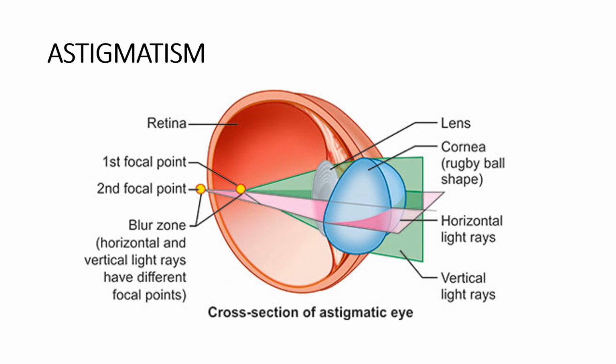So when light enters the eye in a horizontal plane, it will focus at one point in front of or behind the retina, and then when light in the vertical plane gets refracted by the anterior segment, it will focus on a different spot in the eye.